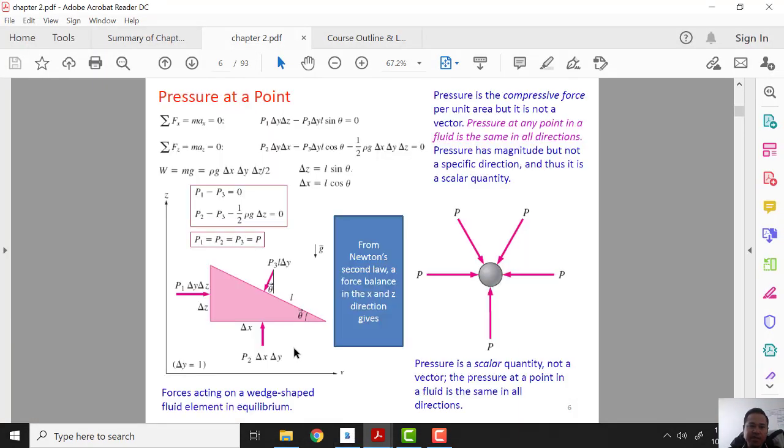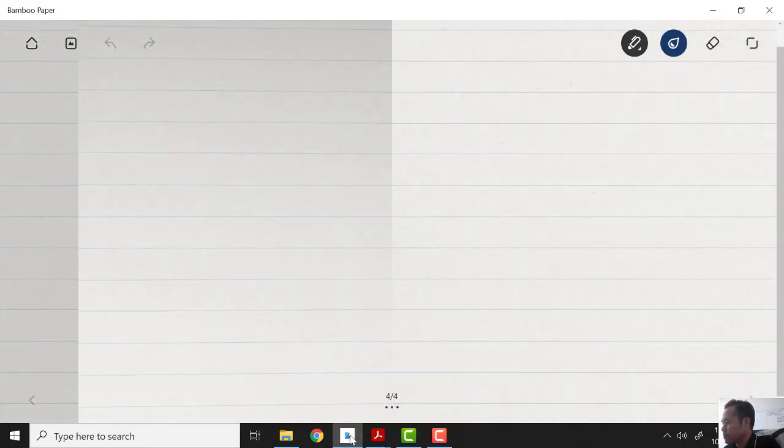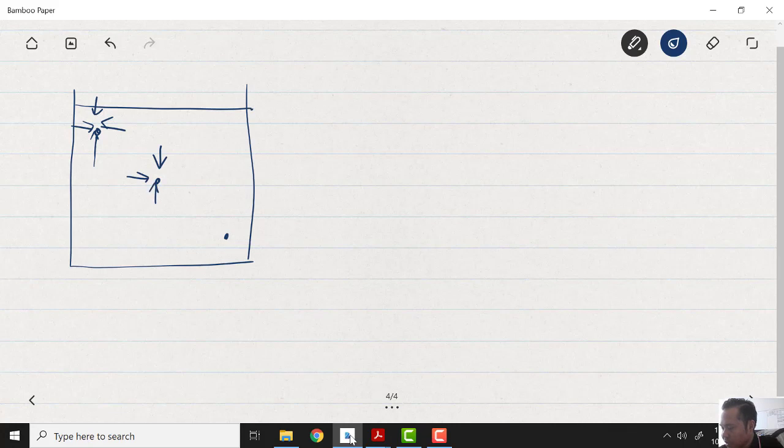Now we'll be looking at the pressure at a point. So what is pressure at a point? The main thing you need to know is that pressure at any point in the fluid is the same in all directions. Very simple. You have a glass with water, and then we have point 1, point 2, and point 3. At point 1, pressure from any direction is the same.